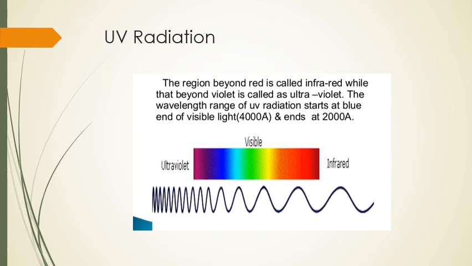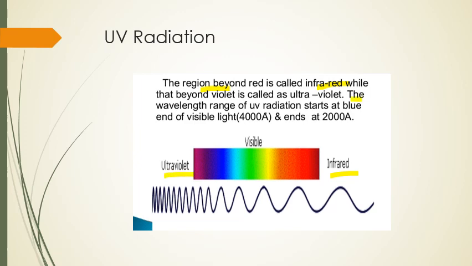Here in this electromagnetic spectrum lies the UV-visible range of radiation. Beyond the red region we have infrared, and beyond the violet we have ultraviolet.